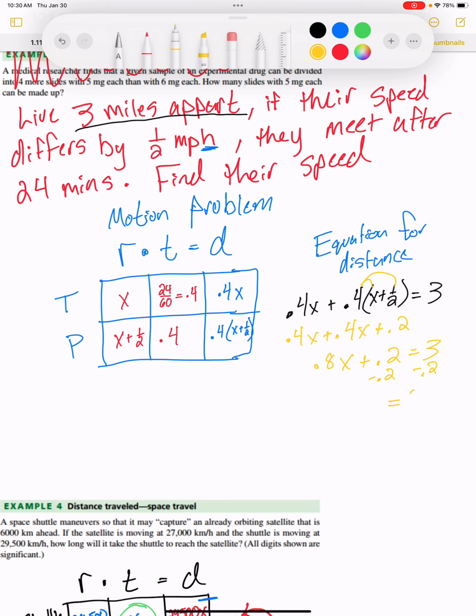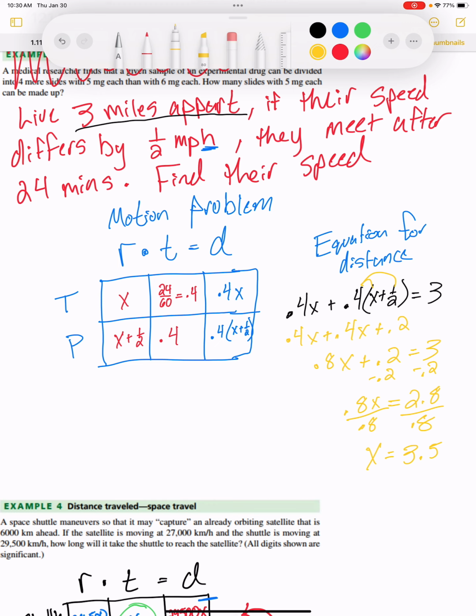So that's 2.8 equals 0.8x. I want to get x by itself, so I divide by 0.8. I got x equals, and remember, x represents the speed that they walk. So we know we're talking about miles per hour, and it says x is 3.5 miles per hour.